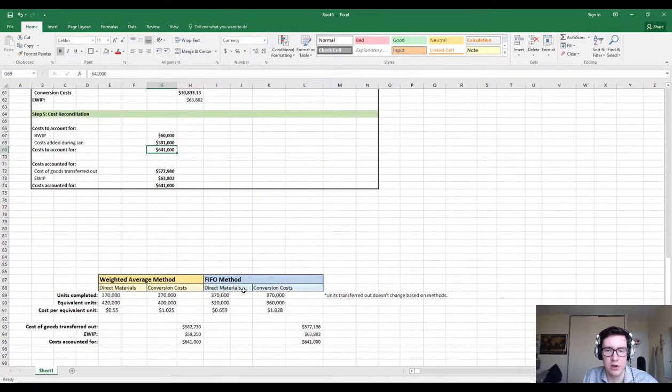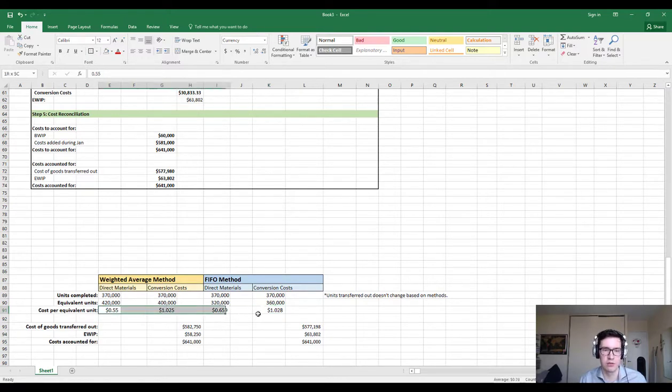And I've got here at the bottom just a quick comparison between the weighted average method and the FIFO method. So you can see that the physical flow, the units completed and transferred, is the same for both the weighted average and the FIFO method. Equivalent units is different because FIFO doesn't include the beginning work in process units.